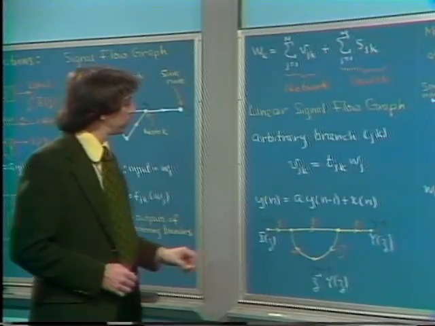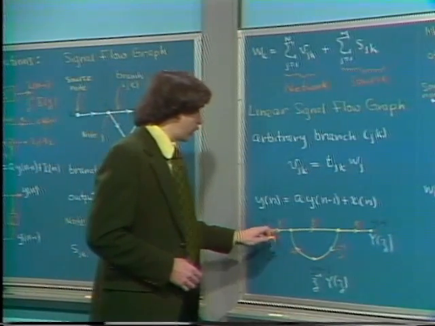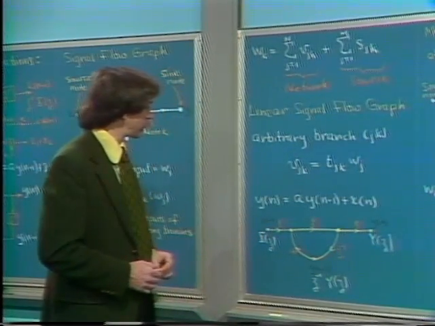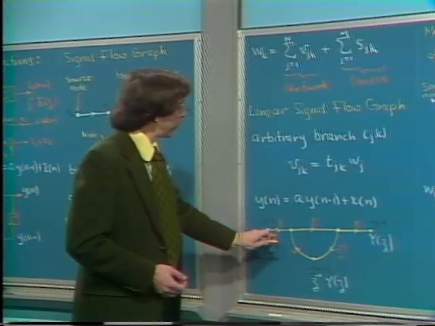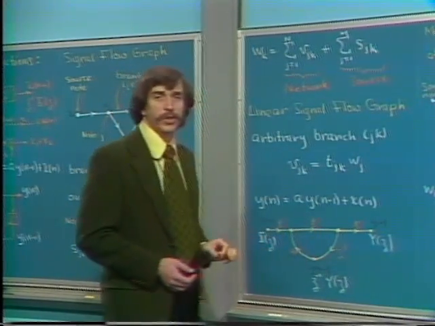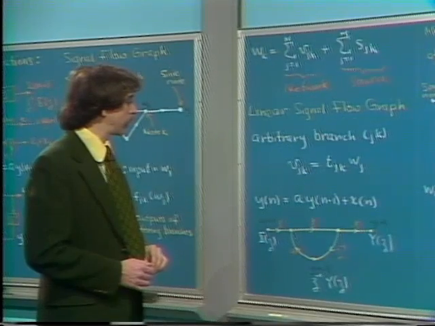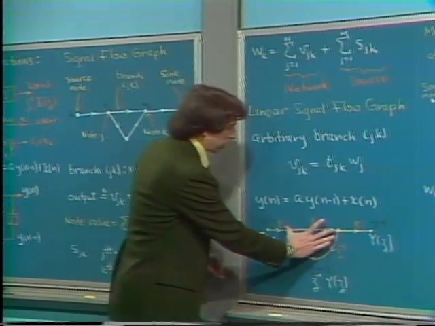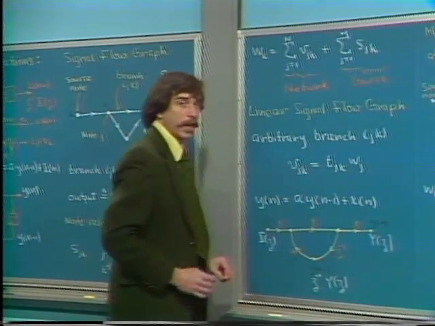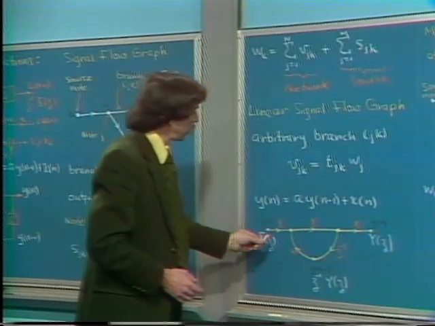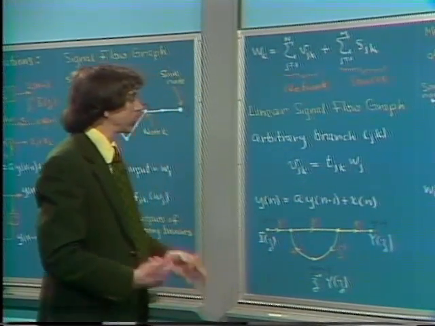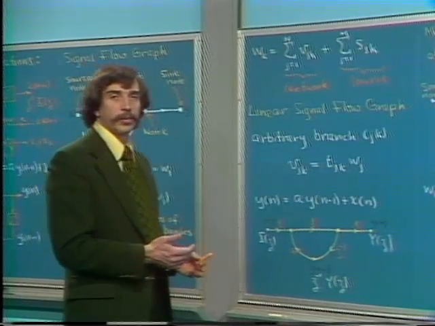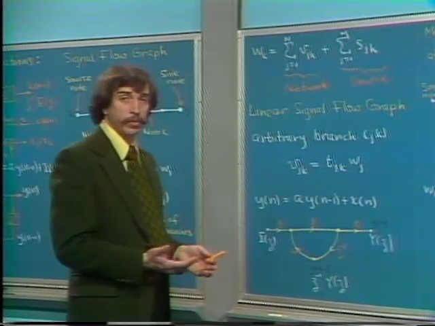One final point, which you probably observed for yourself already, is that this flow graph is drawn somewhat inefficiently, as I've indicated it here. Basically, I can take these two nodes and collapse them together. I chose to draw this flow graph this way so that it looks as much like the block diagram representation as possible.